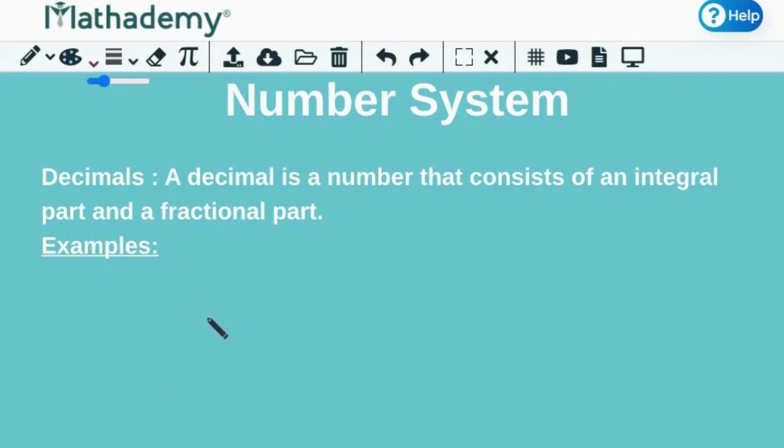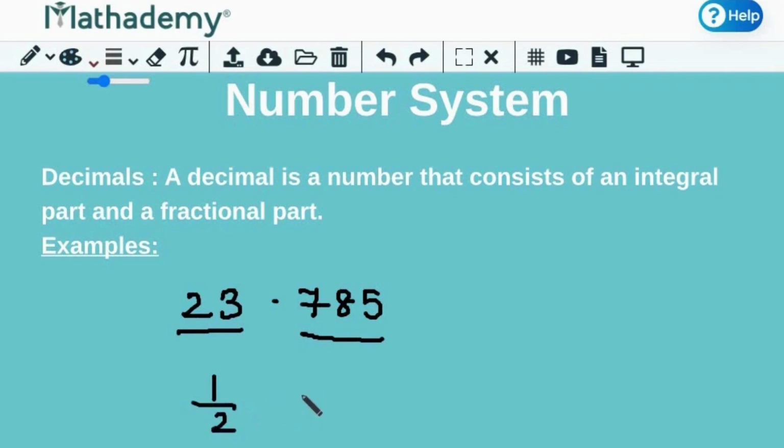For example, 23.785. 23 is the integral part, which is towards the left side of the decimal point, and 785 is the fractional part, which is towards the right side of the decimal point. Now, let's consider a fraction like 1 by 2.